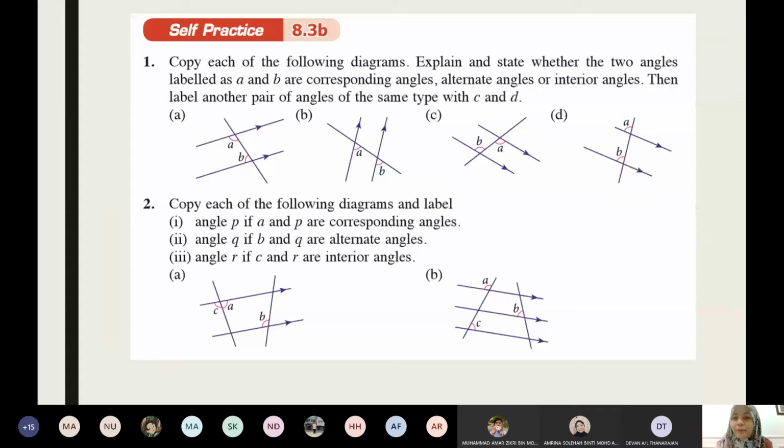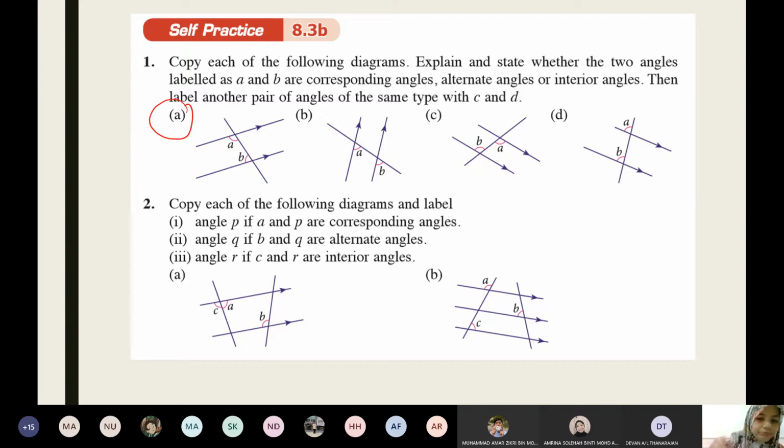So bila kita dalam peperiksaan, kita kena tengoklah dia nak apa. So in this question, dia suruh copy, so you don't have to copy lah. This one kita buat dekat dalam kelas saja. Okay, so explain and state whether two angles A and B are corresponding, alternate or interior angles. So kita buat yang tu dulu.